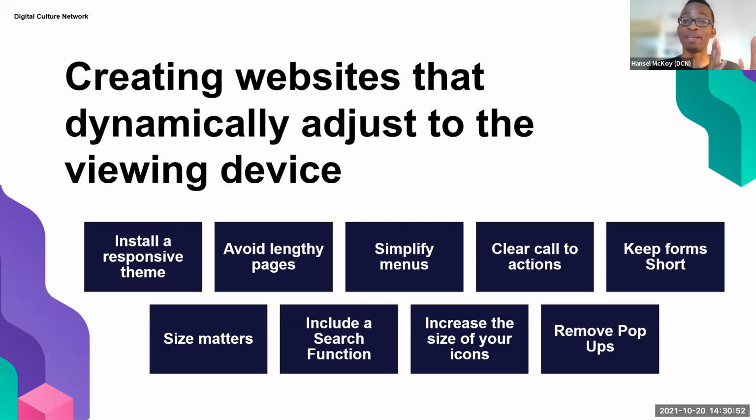making sure that your theme is responsive. Most of you will probably have a WordPress website, and the way you can install a responsive theme is by going to your themes and then just searching for responsive, and downloading a theme that is actually responsive and that correlates to the brand that you want to be giving off.